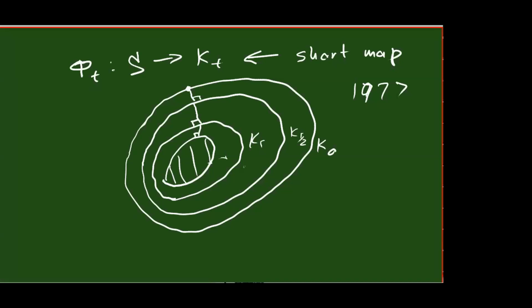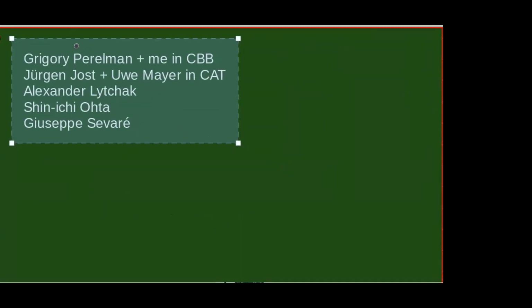Okay, so now the next development was done by several people. The application of gradient flow in spaces with curvature bounded below was done by Grigory Perelman and me, and I don't remember the years, but it was about my thesis.